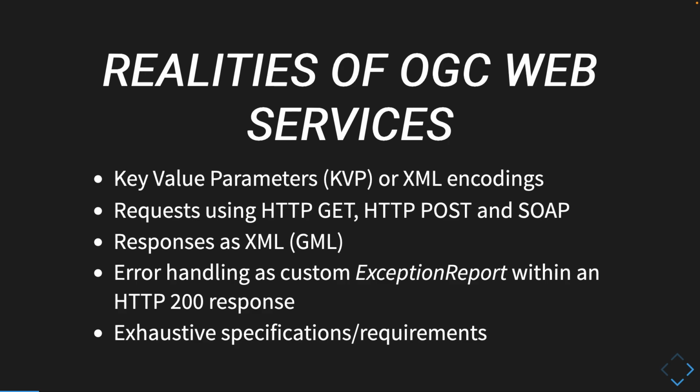HTTP, Hypertext Transfer Protocol, has always provided us so many different ways and native approaches to how to provide error codes and how to provide error statuses, as well as payloads and so on and so forth. We dealt with those in a certain way in the first generation of geospatial web services, and that also resulted in very exhaustive specifications and requirements.